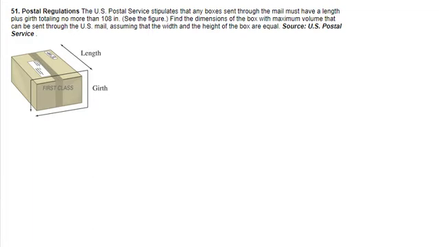Now, one thing that we should realize is what the given information is and what we are trying to find.